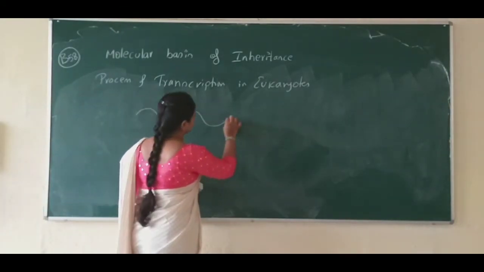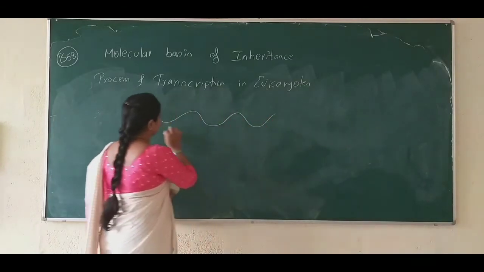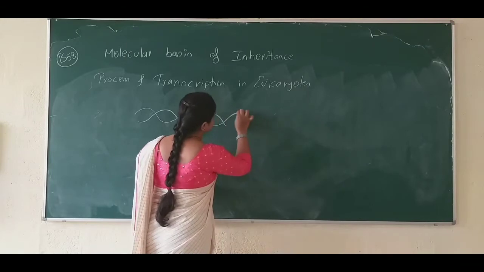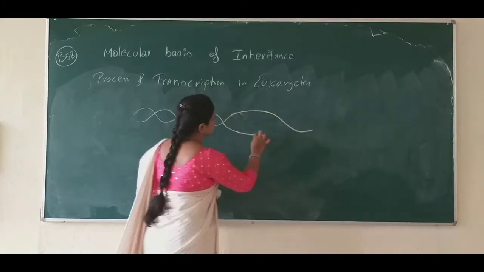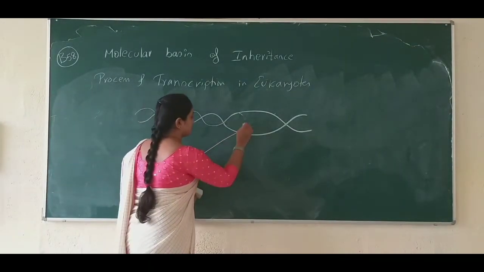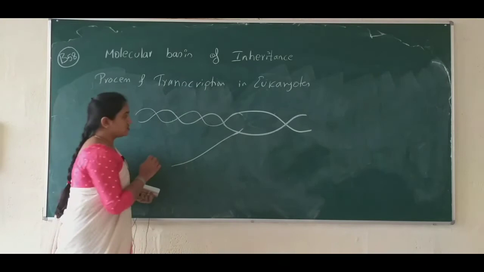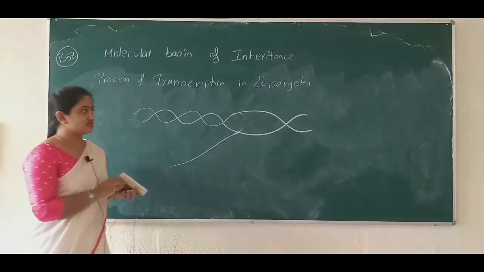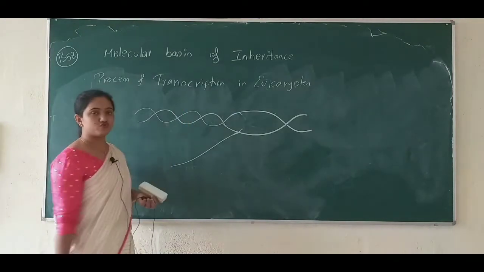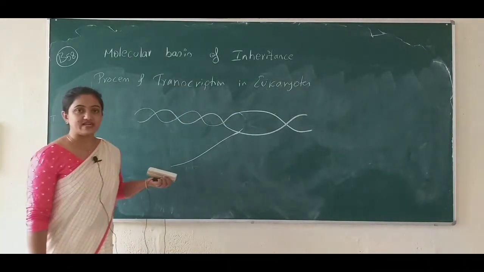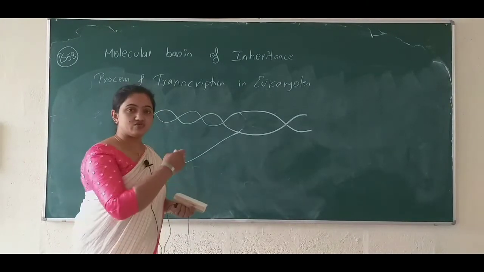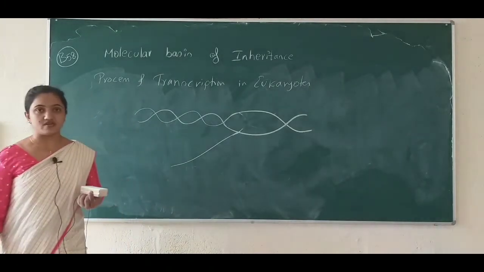Consider it has synthesized one RNA. As I told you in the last class, the synthesized RNA in eukaryotes is not ready to code for amino acids. It is not ready to synthesize the protein.